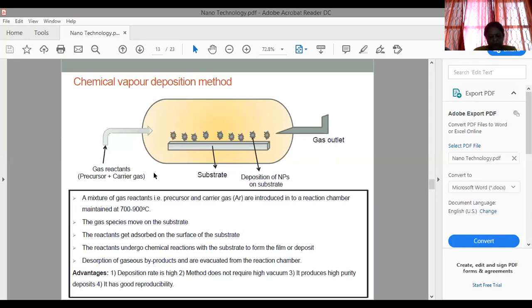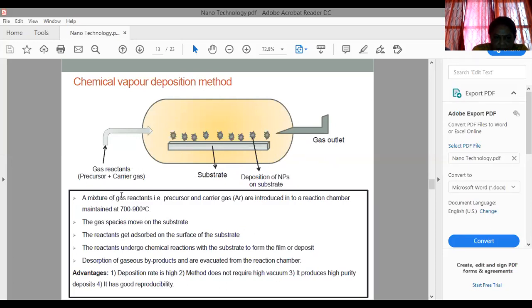Here we must have a reaction chamber in this way, and this reaction chamber is maintained at a very high temperature like 700 to 900 degrees centigrade. And here we can introduce the precursor and the carrier gas.